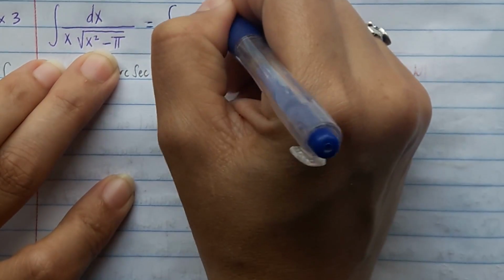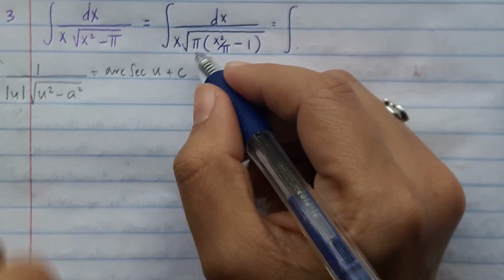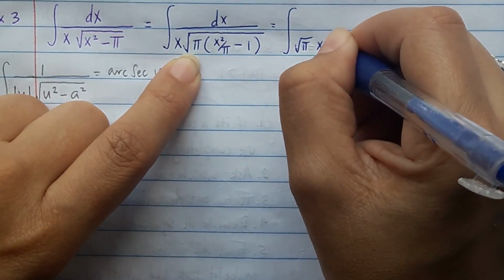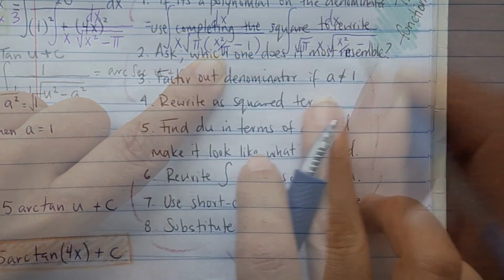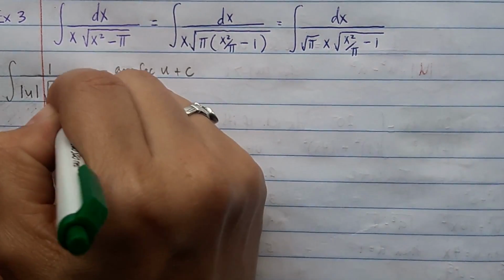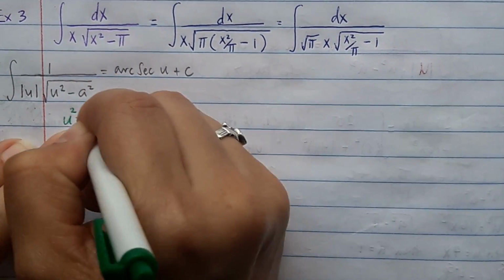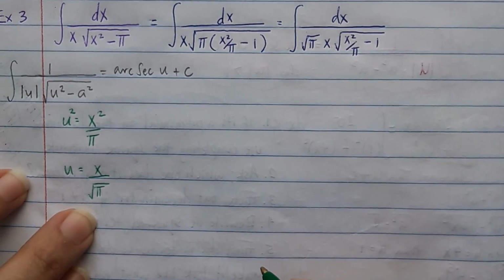And then when we take the pi out of there, it's negative 1. So that's going to be the same as the square root of pi times x, and then the square root of x squared over pi minus 1. So u squared is equal to x squared over pi, which means u is the square root of x squared, which is x, over the square root of pi, which is radical pi.